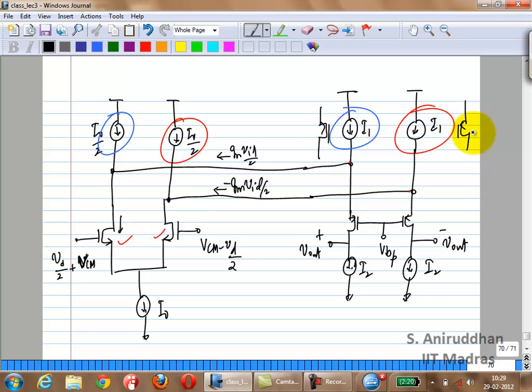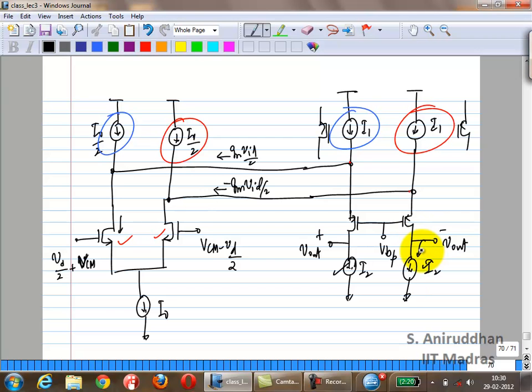Okay. What do you do for these guys? For I2, you can do the same thing, right? They also have to be current mirrors. What would you use here for I2? NMOS current mirror. Okay. Would you use a normal current mirror? So let's say you use a normal current mirror.